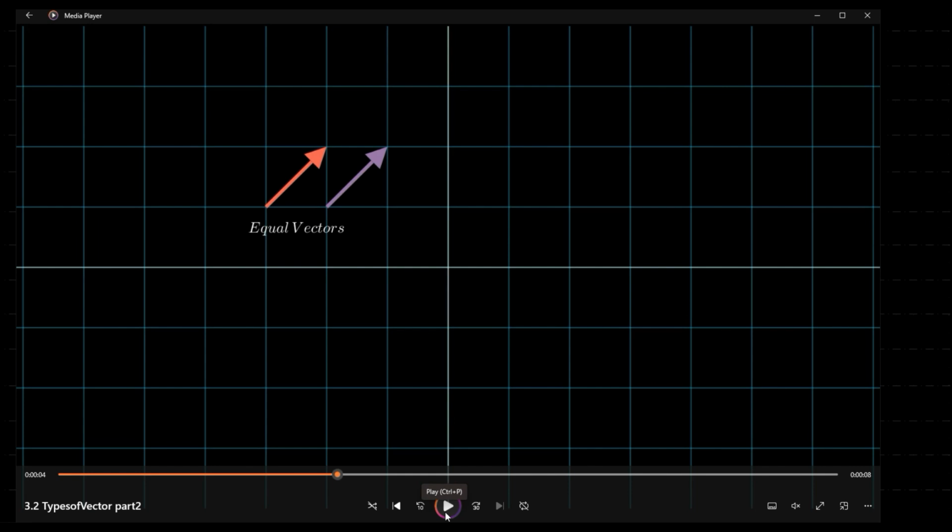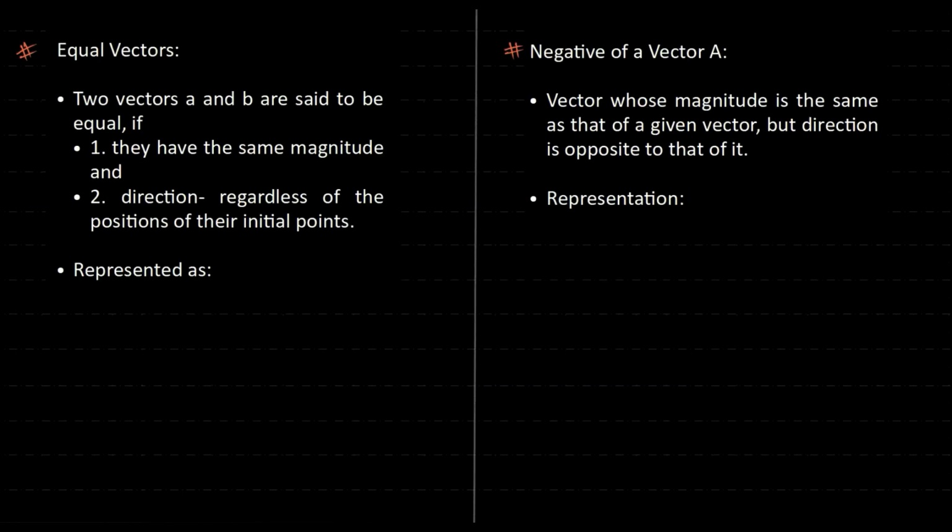Yes, the direction and the lengths are the same. Negative vectors. Why are these two negative vectors? Yes, because the directions are opposite. That's a very fundamental thing. And of course, the magnitude has to be the same.